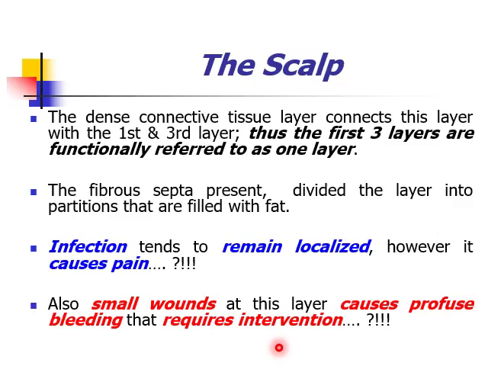So if we have vessels supplying the skin of the scalp, passing through this superficial dense connective tissue layer, and a wound happens to this blood supply, the fibrous tissue septa present at this layer will stop the blood vessels from vasoconstricting. So these blood vessels will remain open all the time, causing profuse bleeding from any injury that might happen at this layer of the scalp.